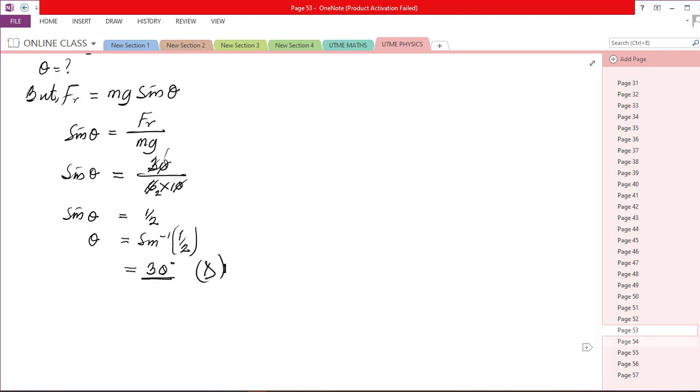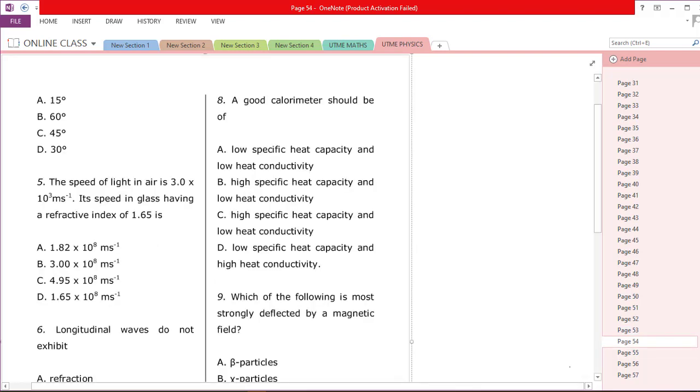Now let's go to the next question. Number 5 says that the speed of light in air is 3.0 times 10 raised to the power 3 meters per second. Its speed in glass, having a refractive index of 1.65, then its speed is what?